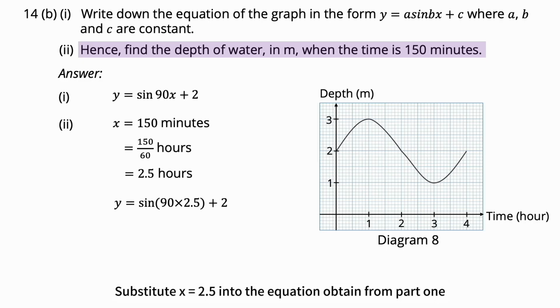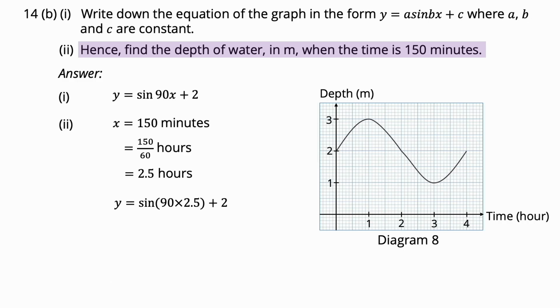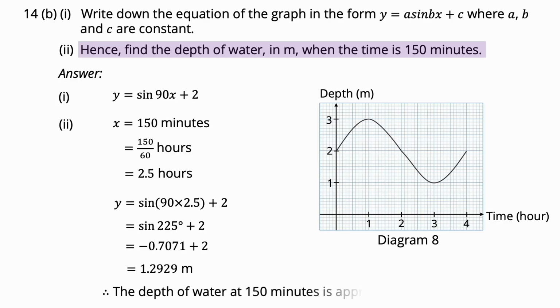Substitute x equals 2.5 into the equation obtained from part 1. y equals sine 90 times 2.5 plus 2. y equals sine 225 degrees plus 2. From trigonometry, sine 225 equals minus 0.707. The value of y equals 1.2929. Therefore, the depth of water at 150 minutes is approximately 1.2929 meters.